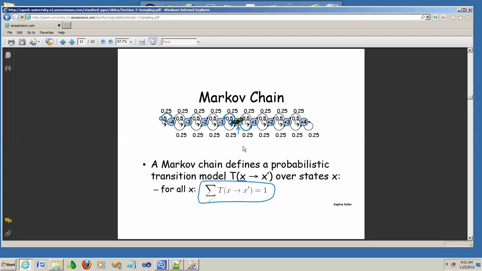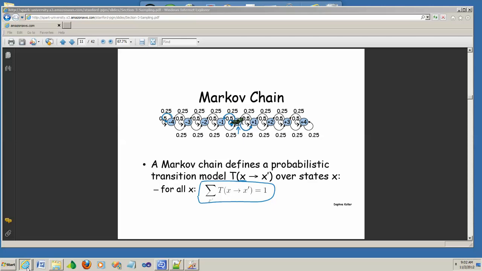One thing that is really important to keep in mind is that even though this example is one dimensional, this applies to n dimensions. When we talk about the state of a system, it doesn't necessarily mean a one dimensional state.